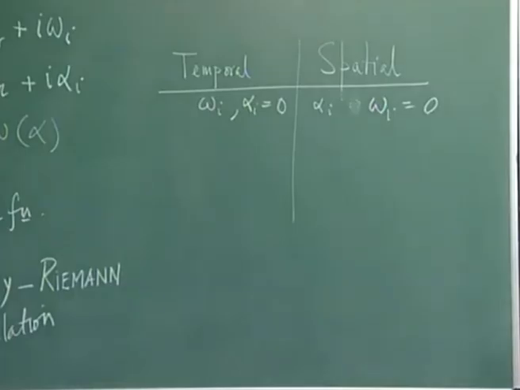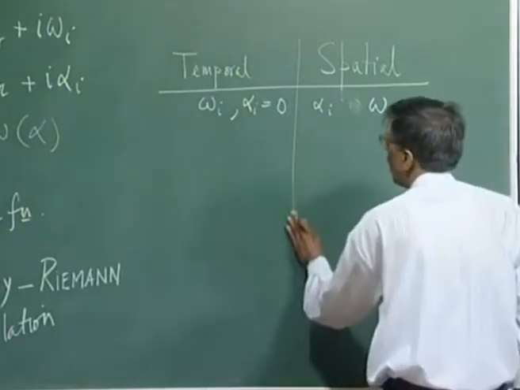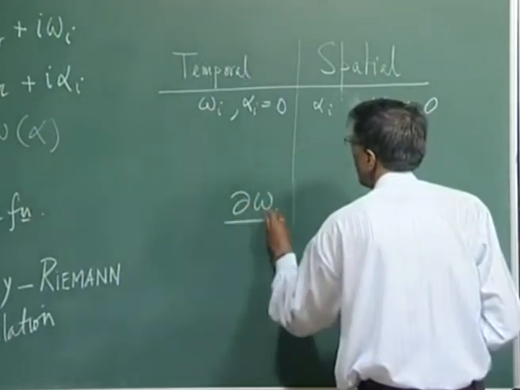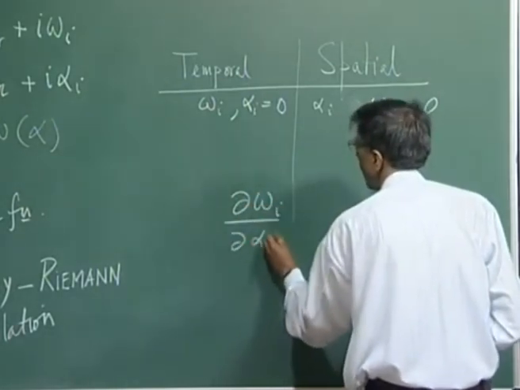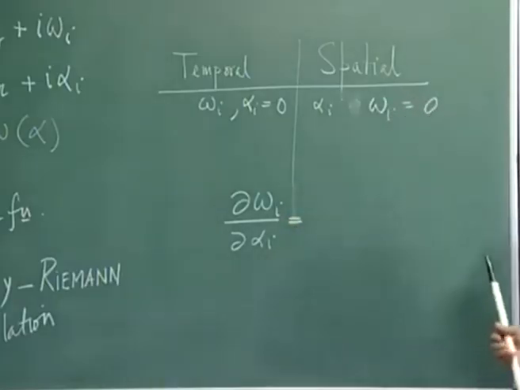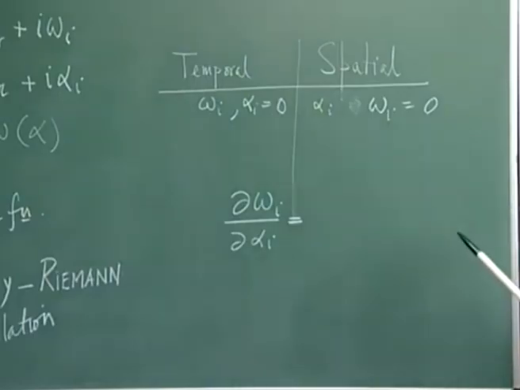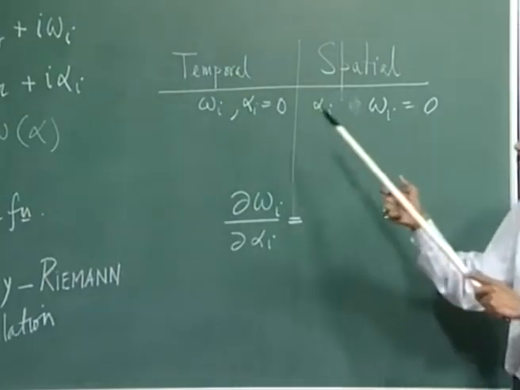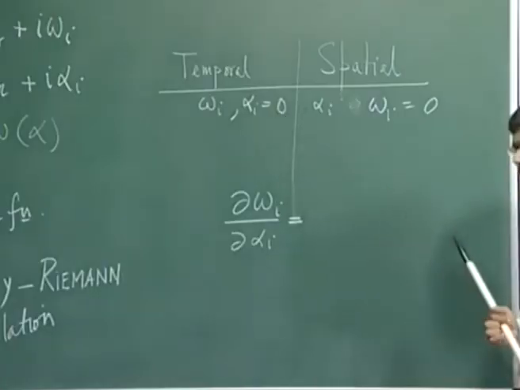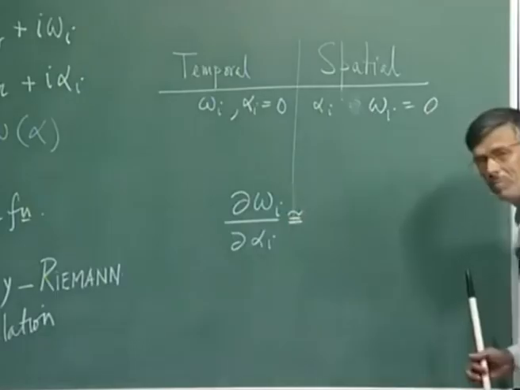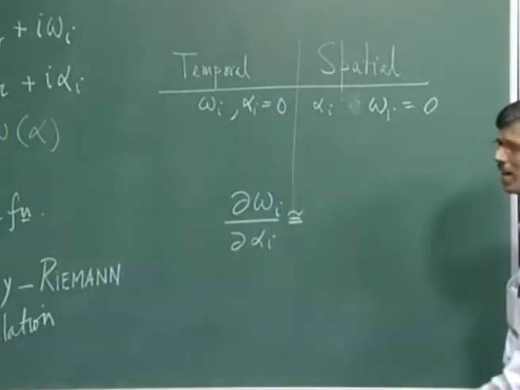So, if I look at it this way, then let me try to evaluate this partial derivative del omega I del alpha I. Suppose I am going from temporal to spatial theory, then this is my final condition, this is my initial condition, right. So, if I try to write it approximately, what is omega final?